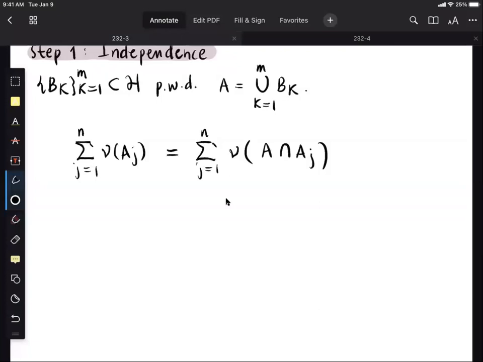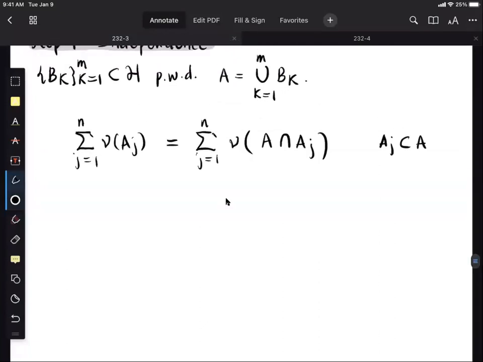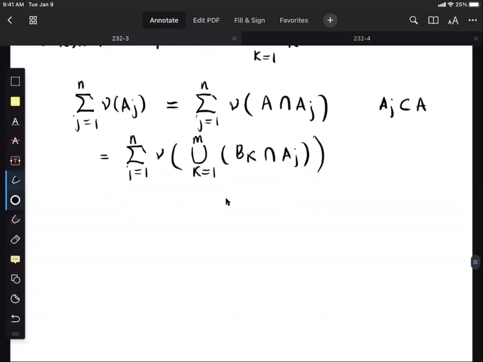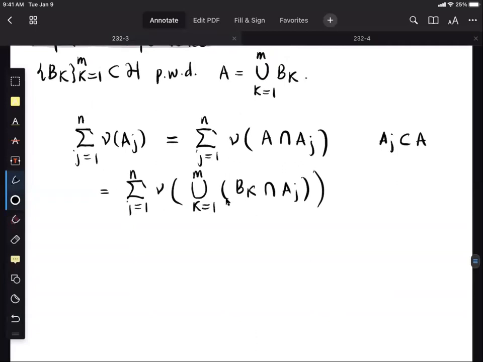Well, in this case, take note that A sub j is a subset of A. Therefore, the intersection would be the smaller set. And now applying the fact that A is the union of the B sub k's, using the distributive property, this would be equal to the union k from 1 to m of B sub k intersection A sub j. So here we use the fact that A is the union of the B sub k's.